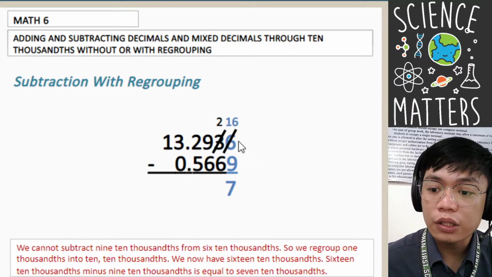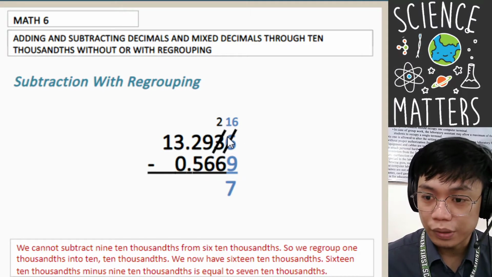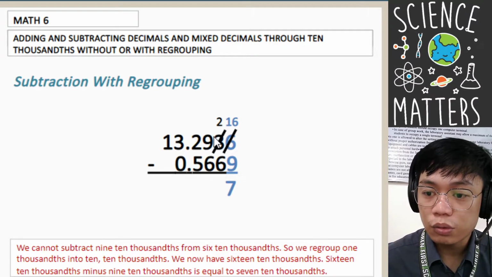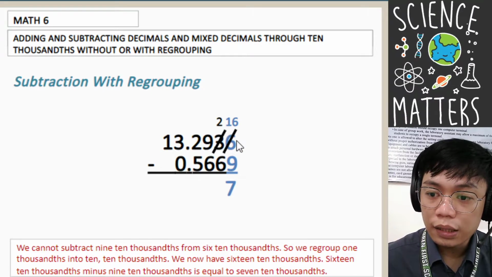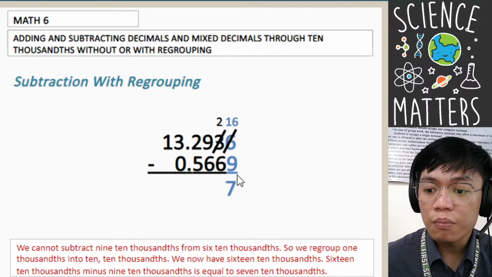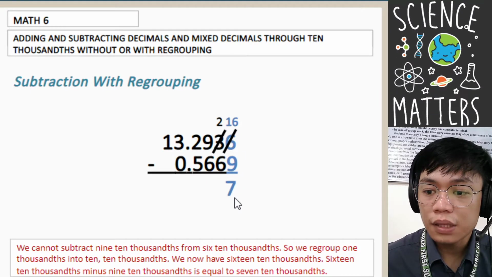So what we are going to do is to regroup the numbers. We have to borrow 1 from the 3, so the 3 becomes 2, and the 6 there becomes 16. So 16 minus 9 will become 7.